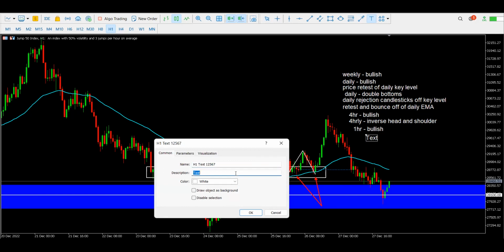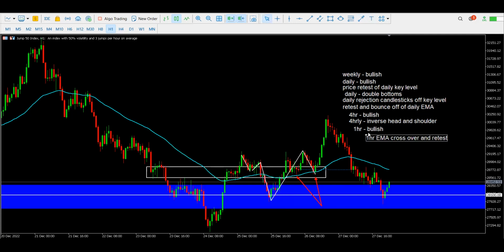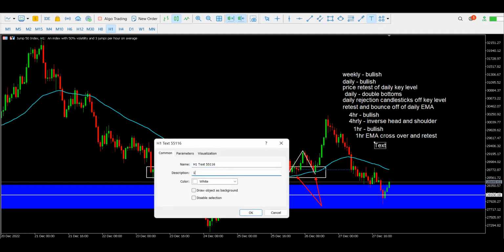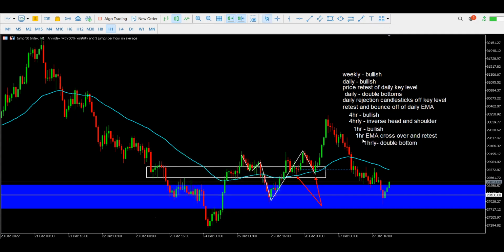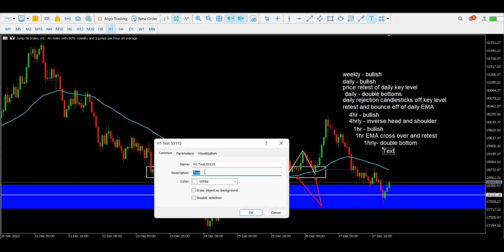We had an EMA crossover and the retest on the 1-hourly time frame. We had earlier established, also, the 1-hourly double bottom. We had identified an hourly inverse head and shoulder pattern.